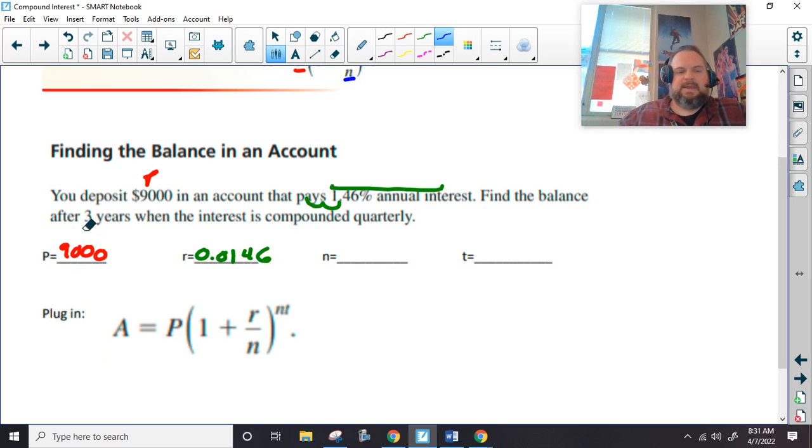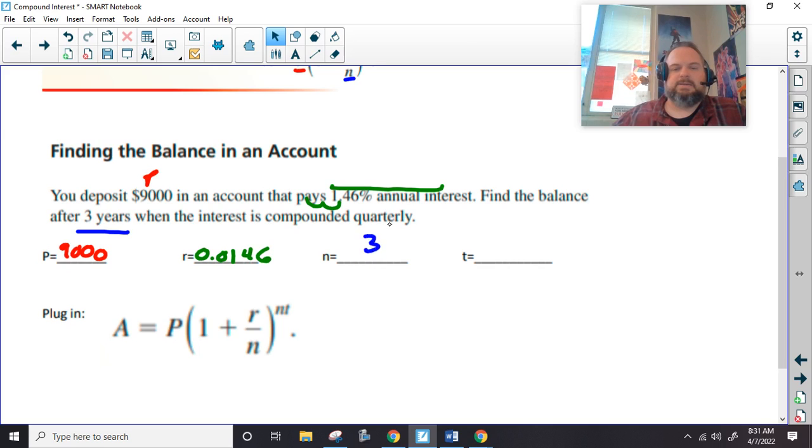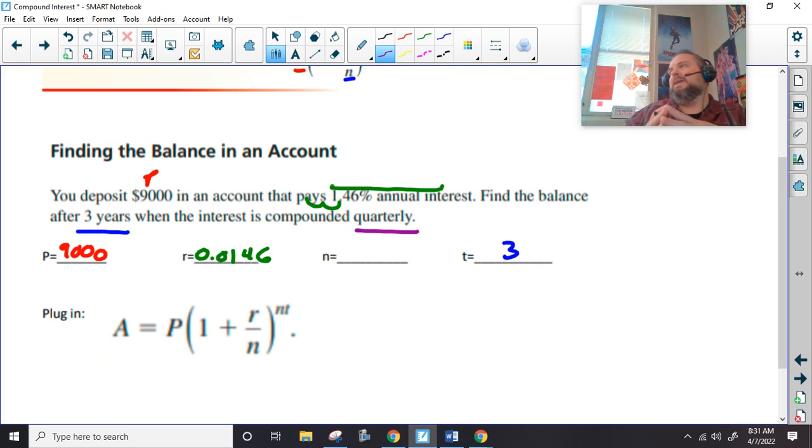My N after 3 years. Nope, that is my T. There we go. Just move that over. All right, quarterly. How many quarters do you think are in a year? 4. So that means this is compounded 4 times. We'll see that the more it's compounded, that's actually what we like.